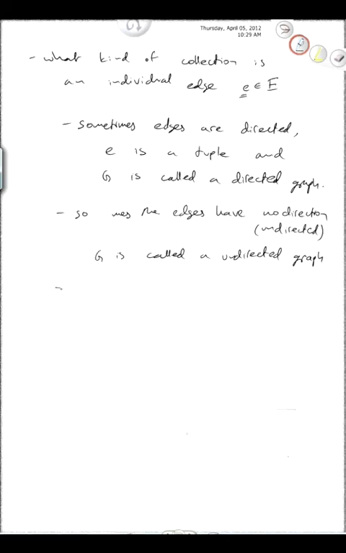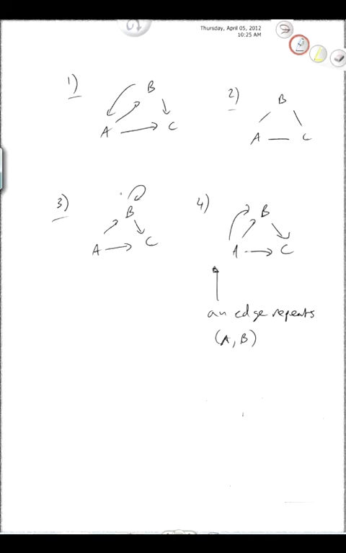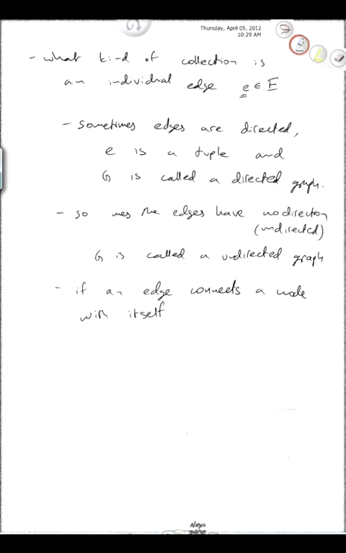And the final sort of terminology that we need to introduce about individual edges is that if an edge connects a node with itself, so what I mean here is that, for example, this edge here connects the node B with the node B, and so that edge we call a self loop.